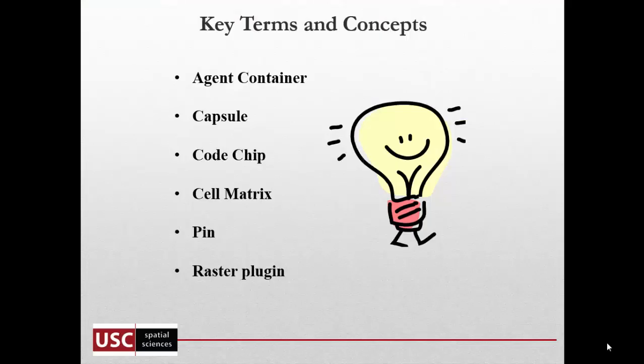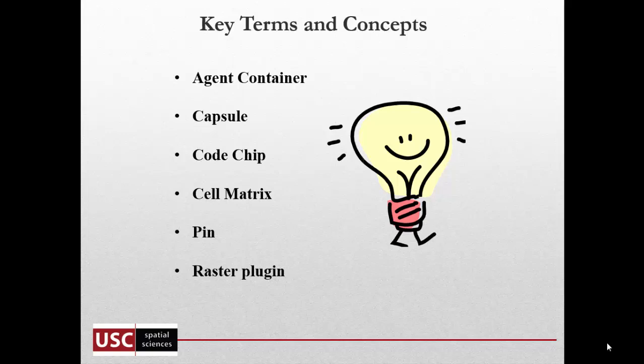Okay, so now we'll talk about a few key NOVA terms and concepts that make spatial modeling within NOVA possible and weren't presented in our brief overview. First, we have the agent container, which is a component that contains the spatial bits of the model.